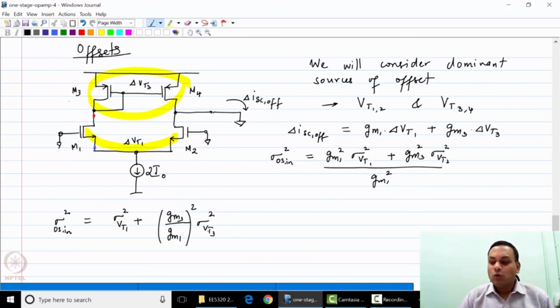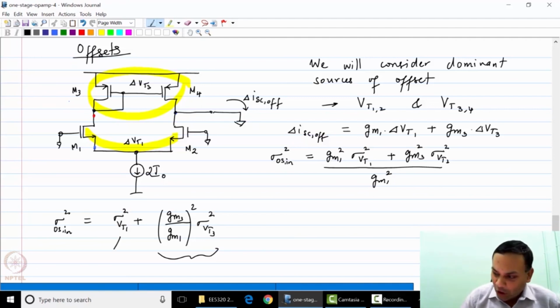Now, if you want to minimize the input referred offset, we again know what to do. We need to minimize GM3 and maximize GM1 so that this term goes to 0. Now you can see this term becomes negligible. You can see that the offset voltage of the input pair appears directly as an input referred offset voltage.